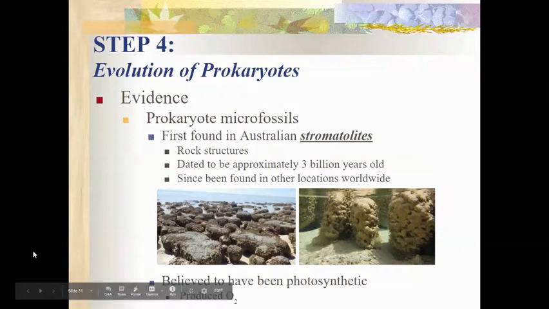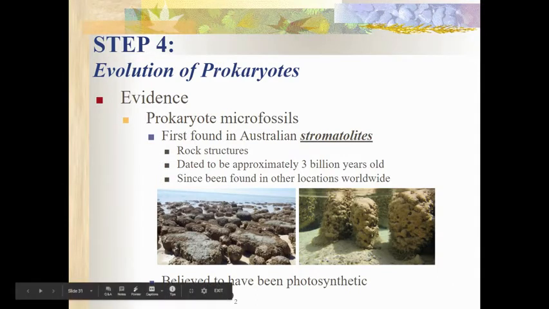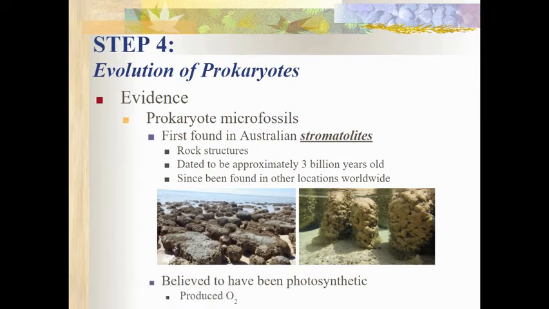The evidence for the evolution of prokaryotes comes from prokaryotic microfossils, which the first ones found were in Australian stromatolites. Stromatolites are rock structures that are dated to be approximately 3 billion years old. And in addition to Australia, these stromatolites have also been found in other locations, and they have microscopic fossils of prokaryotes.